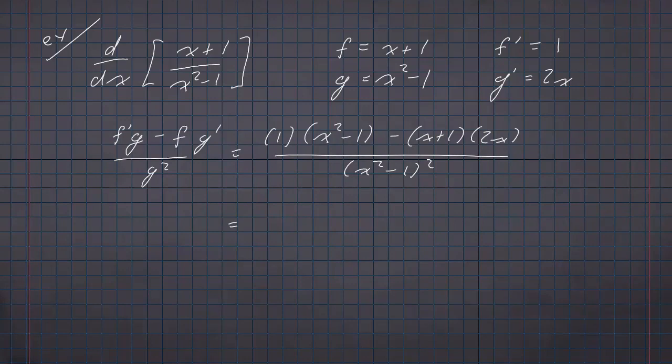Okay. Multiplying everything out here, we have x squared minus 1 minus 2x squared minus 2x all over x squared minus 1 squared.